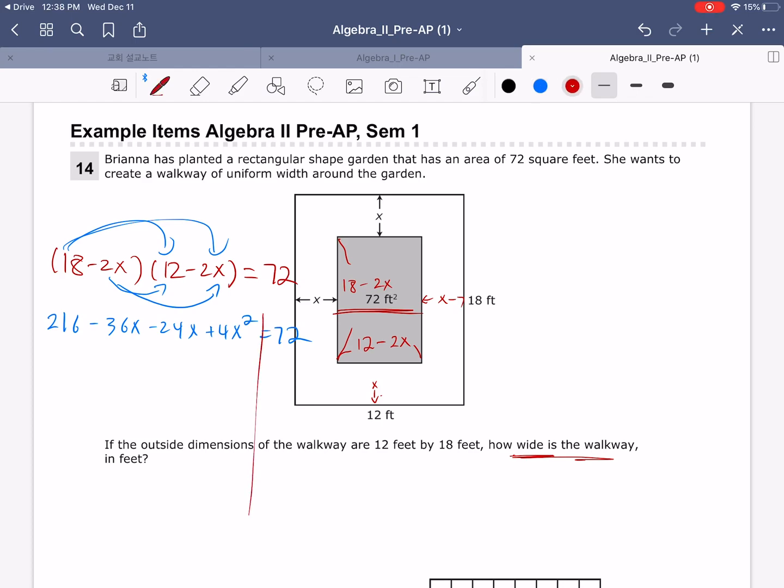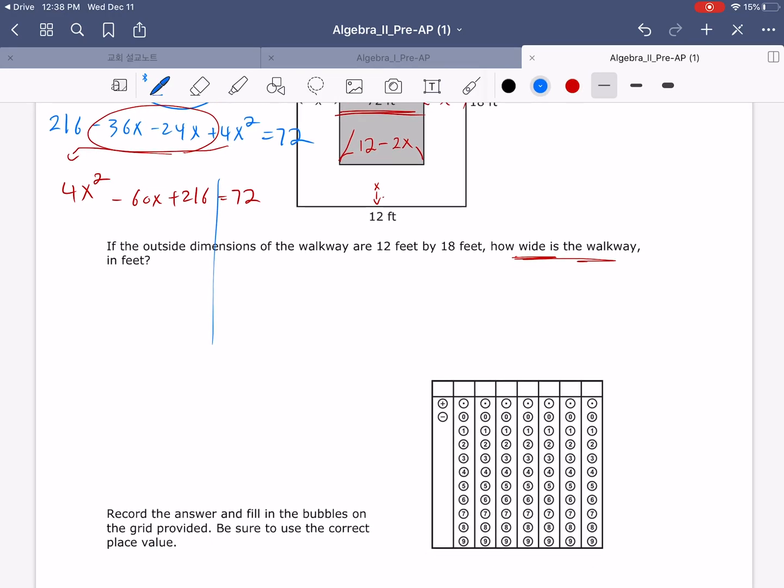So if you simplify this, it's going to be 4x squared. Let's combine this: -60x plus 216 is equal to 72, right? And again, it's so easy, just time consuming.